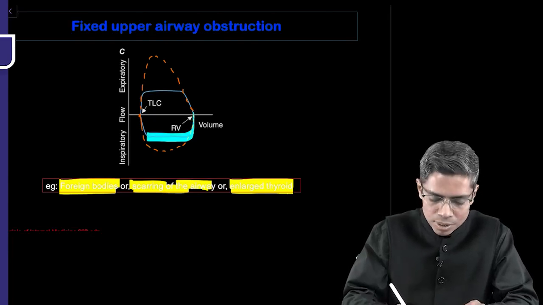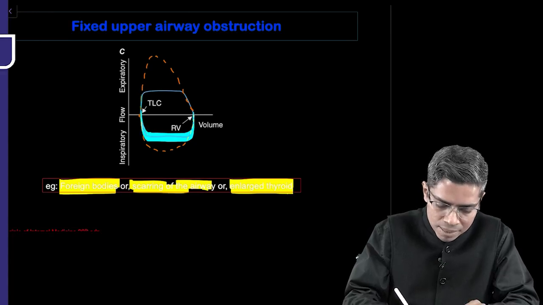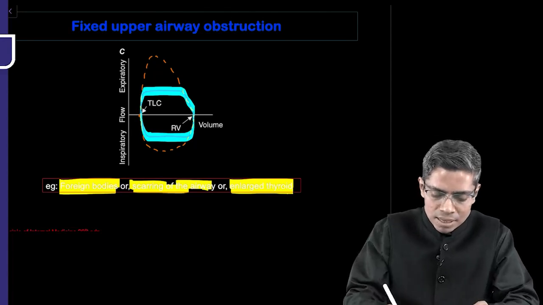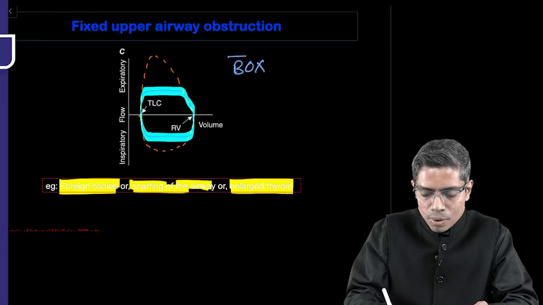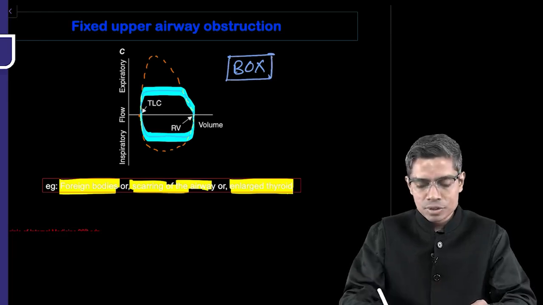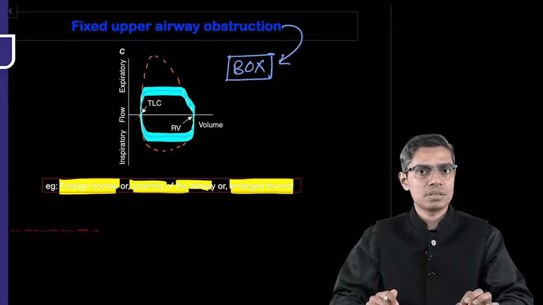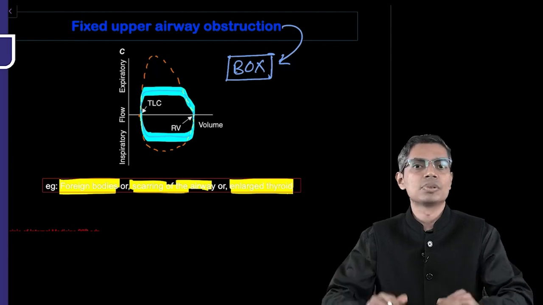There is a plateau in the inspiratory portion also, there is a plateau in the expiratory portion also. The curve is looking like a box. So this kind of box shaped appearance is diagnostic of fixed upper airways obstruction. Inspiration, expiration both are affected.